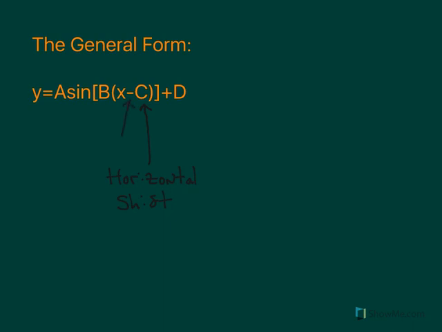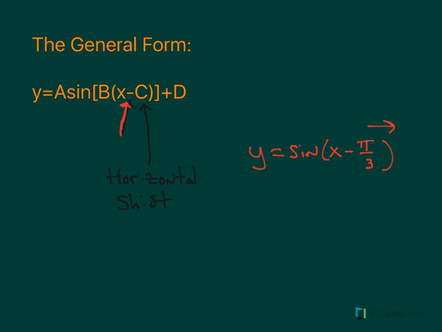So if you see a trig function that reads y equals sine of x minus pi over 3, then this is going to be a shift to the right, since it's always x minus c.